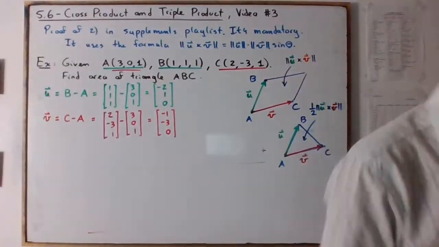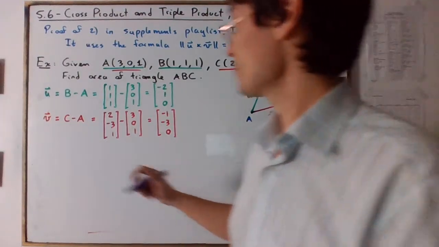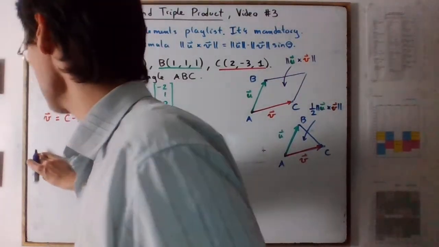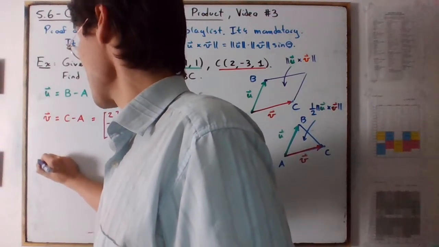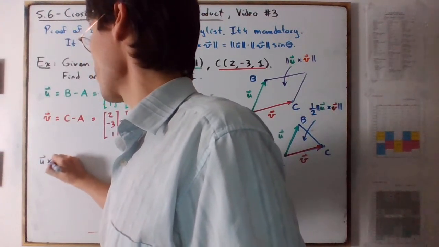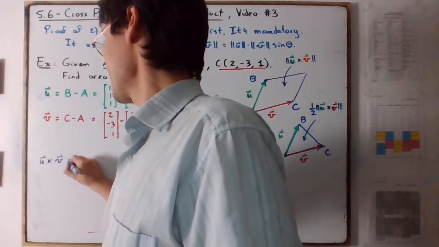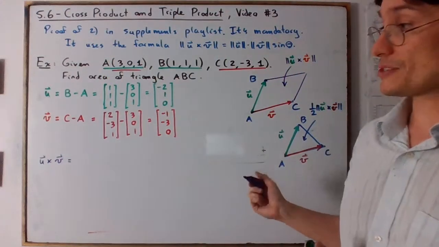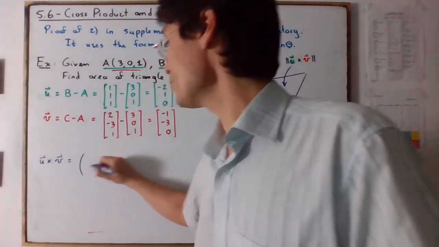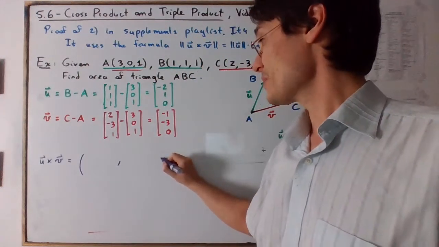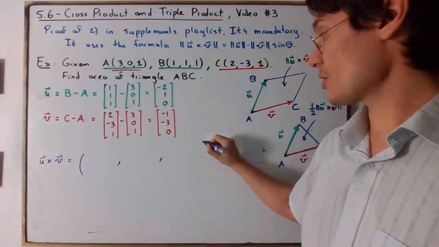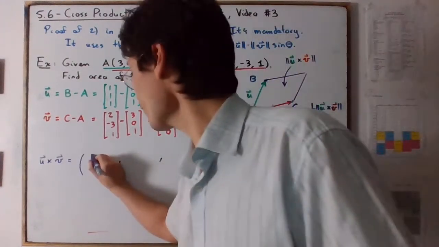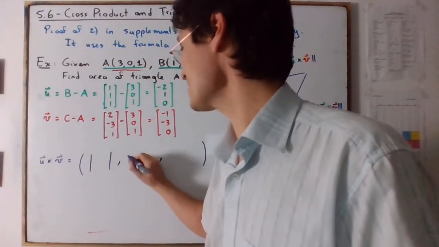We need to calculate the cross product. Okay? So actually, let's not calculate the norm yet. Let's calculate the cross product directly. So U cross V. All right. So now I remind you, my favorite way of calculating it is just by setting up the components, right? So don't forget, we have 3 determinants.